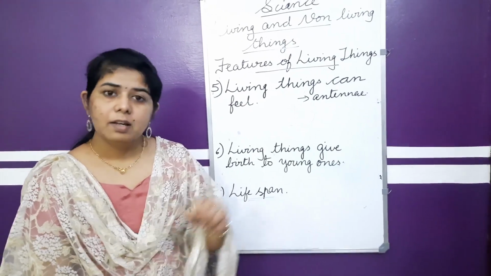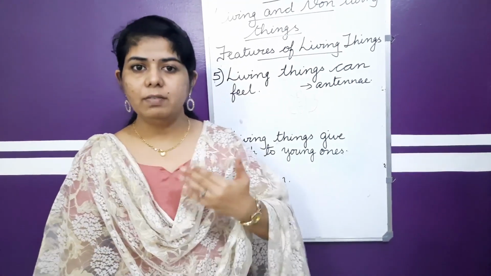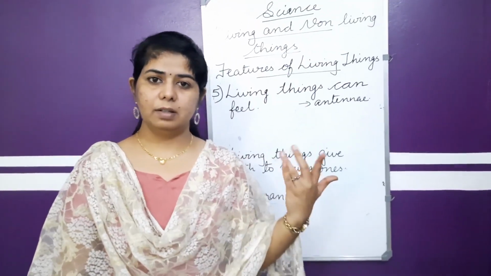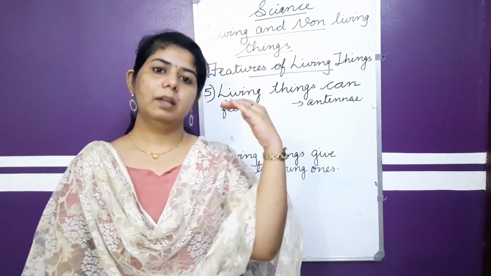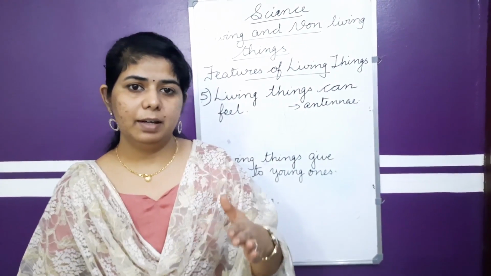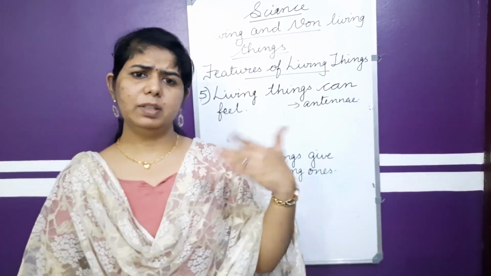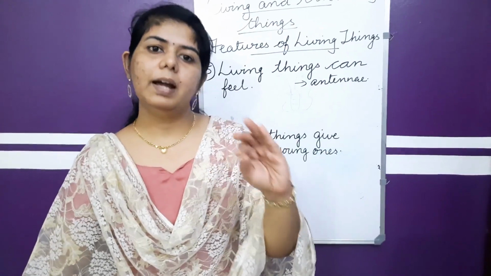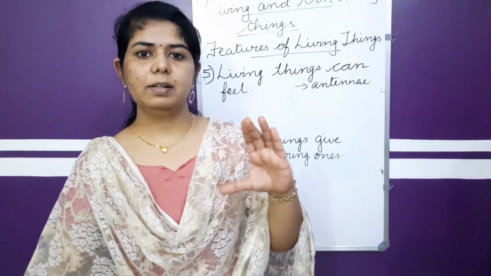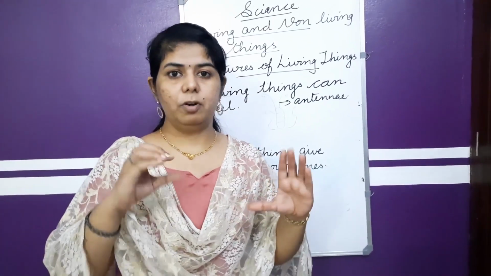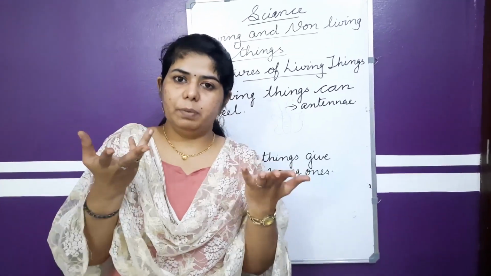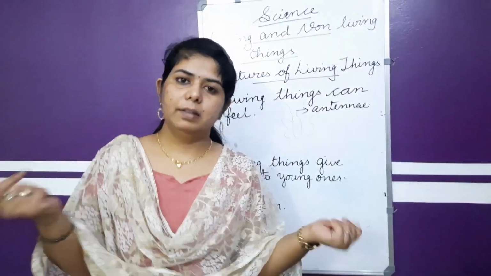Can you understand? For us also, we have a time limit. Now we are growing up, 12 years, 13 years, 14 years. It is said human beings can live up to 70 years. Now we are living more than that, but mostly it is said 70 years. After that, we won't get breath or air; we are dead.